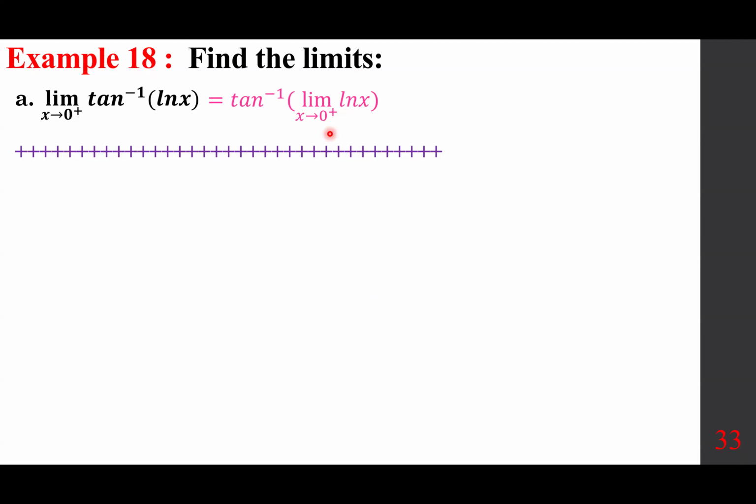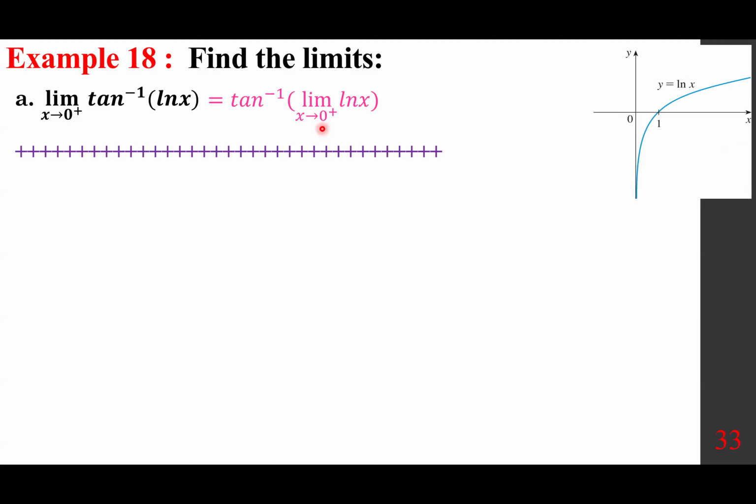What is the limit of ln x as x approaches 0 from the right? I showed you previously. If you look at the graph of y equals ln x, the limit of ln x as x approaches 0 from the right is negative infinity. That's the meaning of it from the graph, negative infinity.